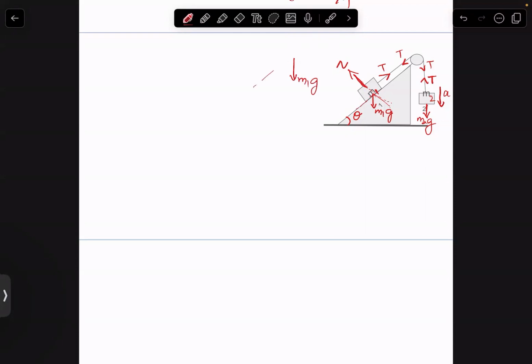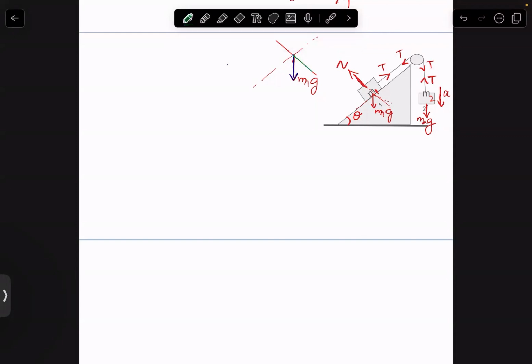This is the inclined surface, and this is the perpendicular to the surface. Along the perpendicular to the surface, what will happen? This is m1g, right?